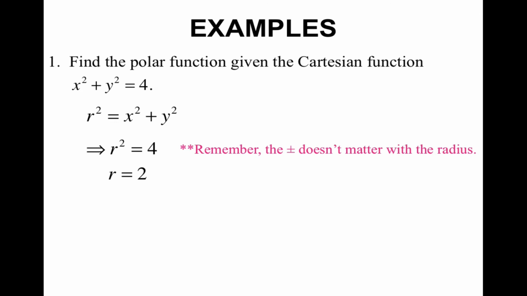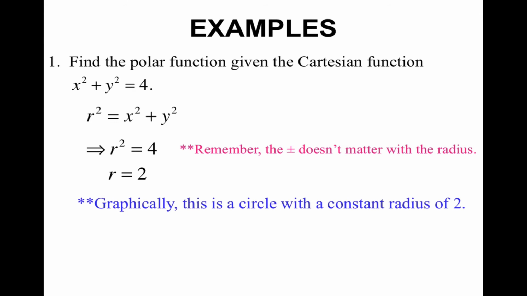So therefore, we have an r of 2. Graphically, this is a circle with a constant radius of 2, since x squared plus y squared is your good old traditional circle equation centered at 0, 0. And that's it. If all you were given is r equals 2, that should register in your brain as a circle with a radius of 2 that is centered at the point 0, 0.